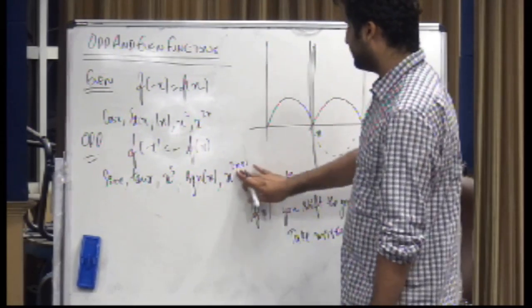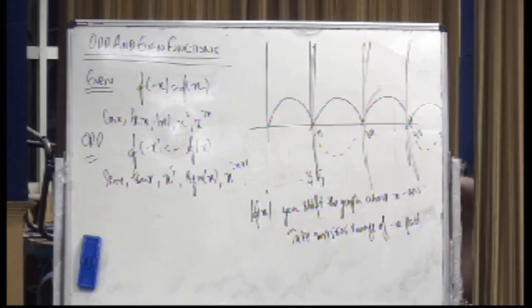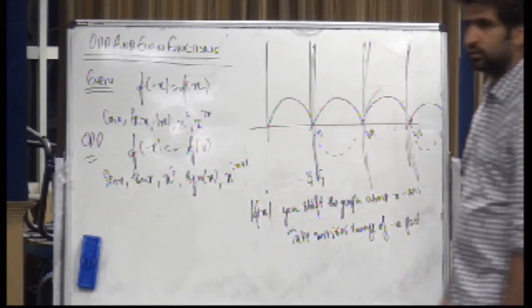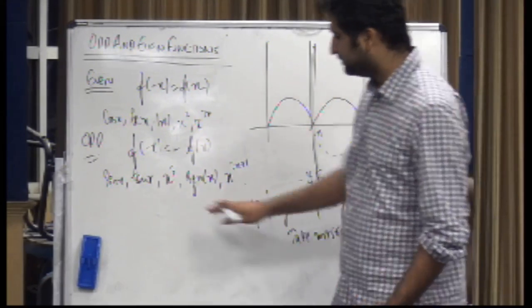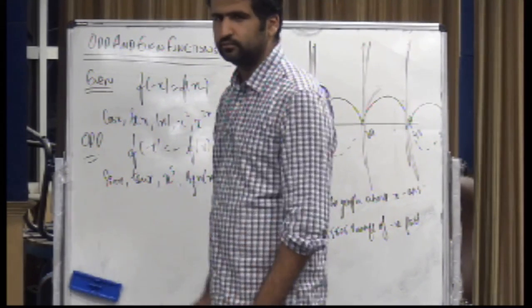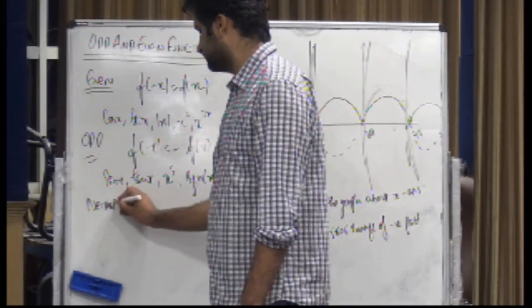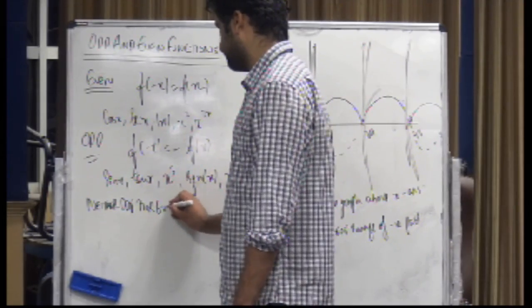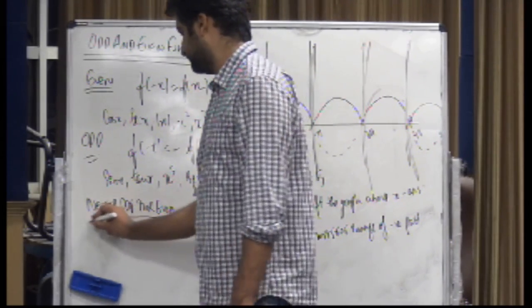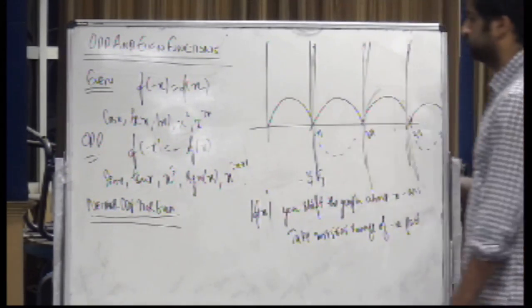For all these, f of minus x will be equal to minus of f(x). Understood these two things? And then there is the third type, which is neither odd nor even.